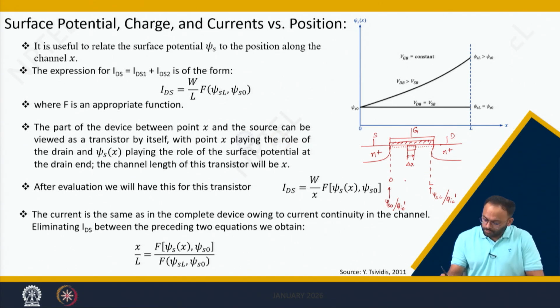Now let us assume the channel length is large enough and I am pointing to a point here in the middle, somewhere x in between, somewhere in the channel. Let's say this point is A. If I closely look at the region between 0 and A, this device is nothing but a MOSFET.